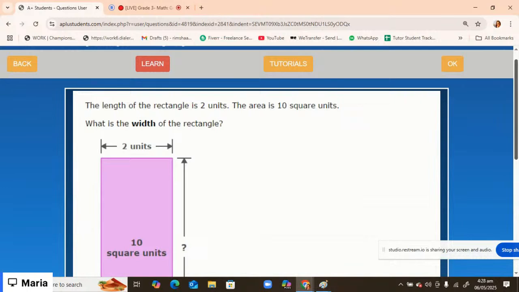The length of the rectangle is 2 units. The area is 10 square units. What is the width of the rectangle?